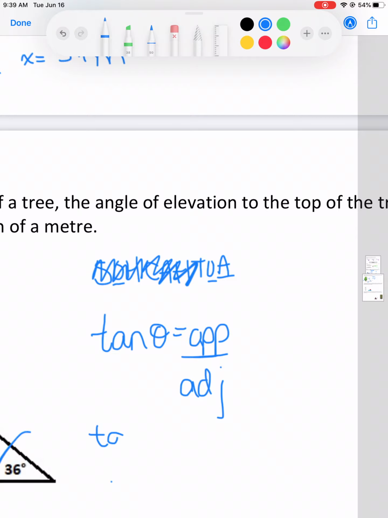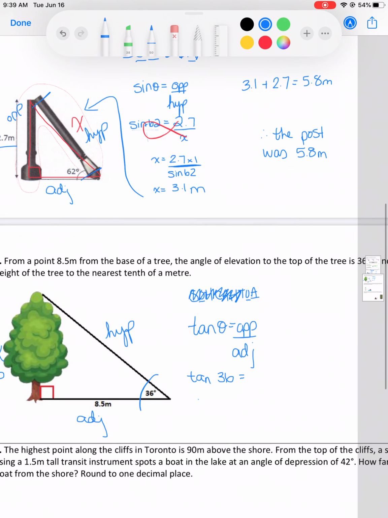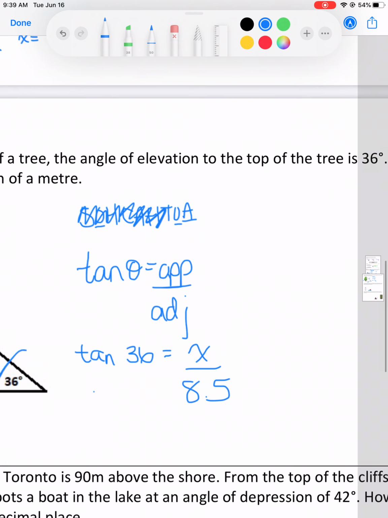Okay, so tan 36 is equal to, what's my opposite? X over 8.5. As you all know, this is over 1. So x is equal to 8.5 times tan 36.